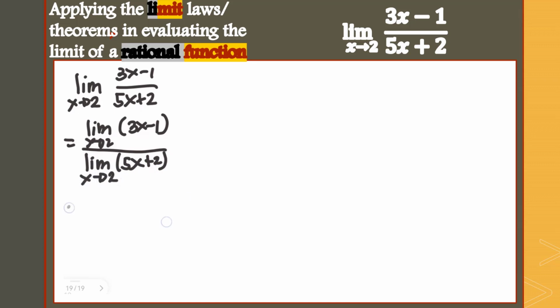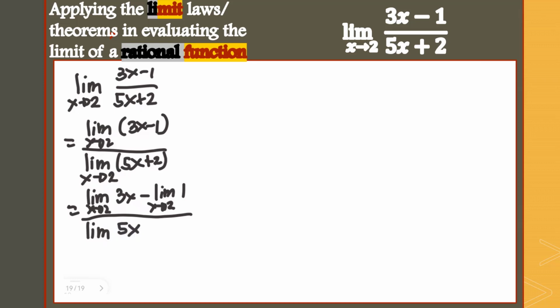And then you can have the limit of 3x as x approaches 2 minus the limit of 1 as x approaches 2, all over the limit of 5x as x approaches 2 plus the limit of 2 as x approaches 2.